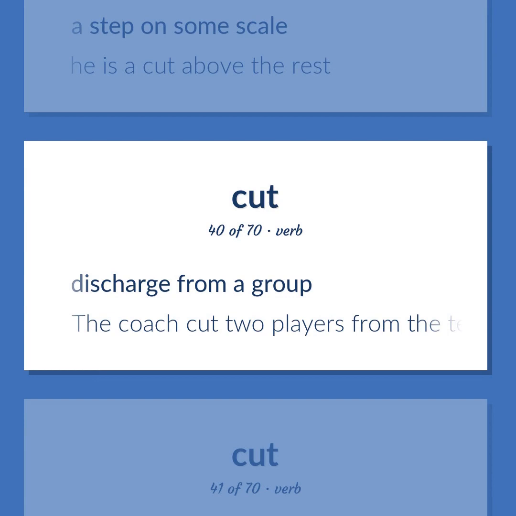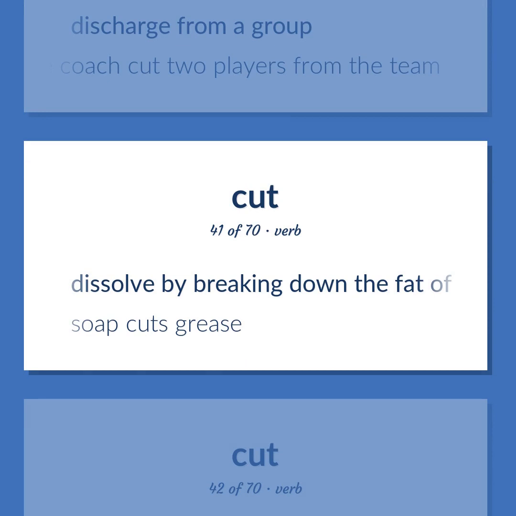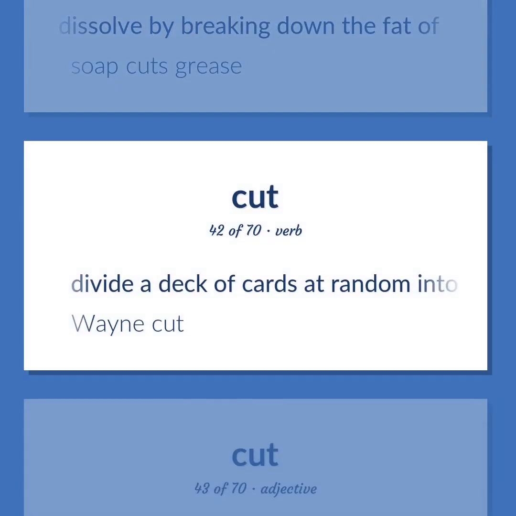Discharge from a group. The coach cut 2 players from the team. Dissolve by breaking down the fat of. Soap cuts grease. Divide a deck of cards at random into 2 parts to make selection difficult. Wayne cut.